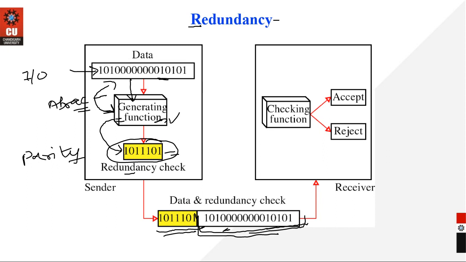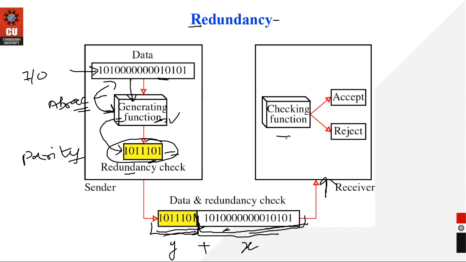So this is the original data. Along with that you will attach those extra bits that your function generated. Suppose this was x amount of data and these were y redundant bits, so x plus y will travel over the channel and it will be received by the receiver. On the receiver side you will again have a checking function. The purpose of this checking function is that it will do something with that data.